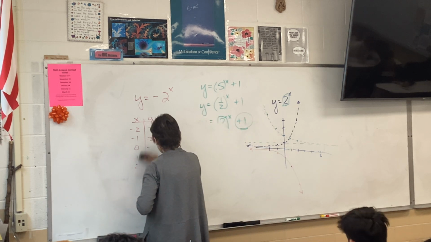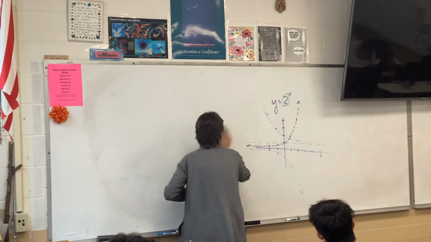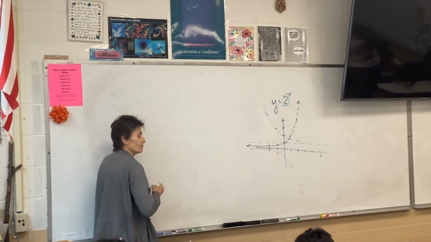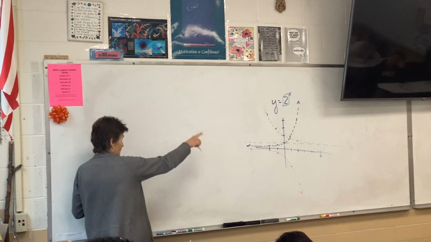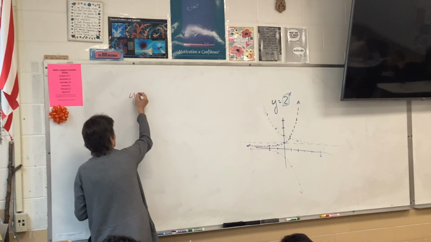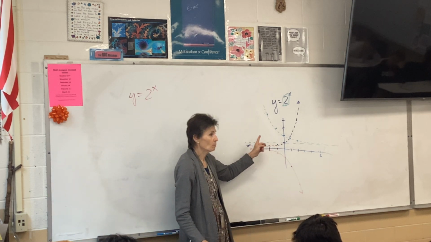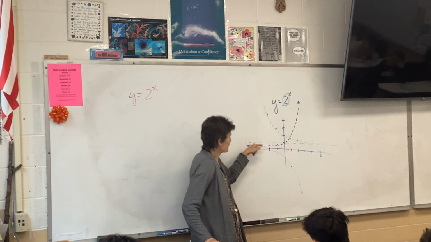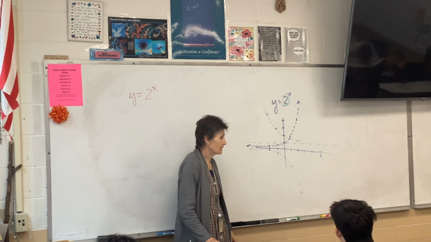All right, so there are 2 parts to this question, and I need everybody zeroed in here. I'm going to look at the blue curve that I just sketched, y equals 2 to the x. This isn't problem 1, this is the one we've already done, y equals 2 to the x. Would you say that is growth or decay? Growth. The terms are getting bigger.